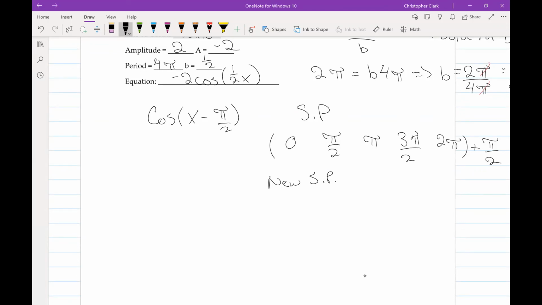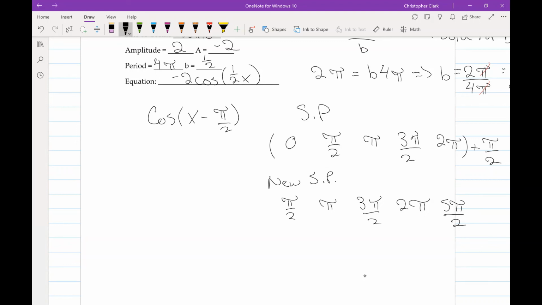It's the opposite of what you expect to do. So my new special points become 0 plus pi over 2 is pi over 2. Pi over 2 becomes pi. Pi becomes 3 pi over 2. 3 pi over 2 becomes 2 pi. And then 2 pi becomes 5 pi over 2.